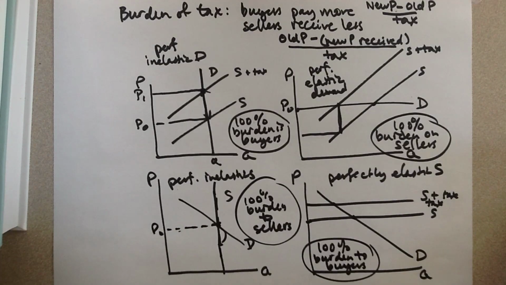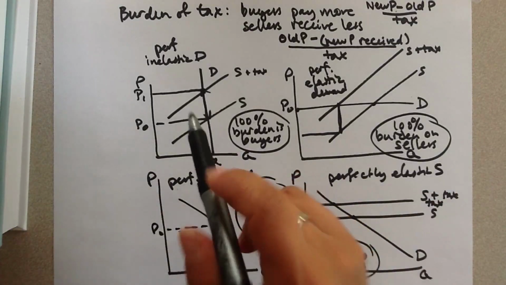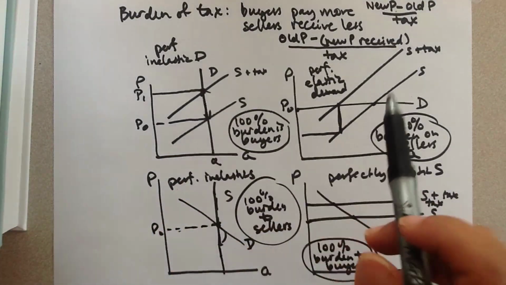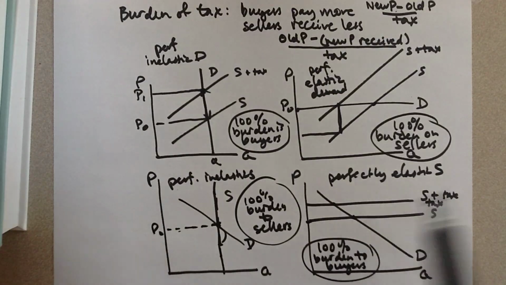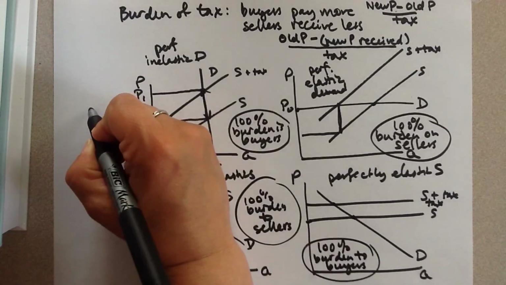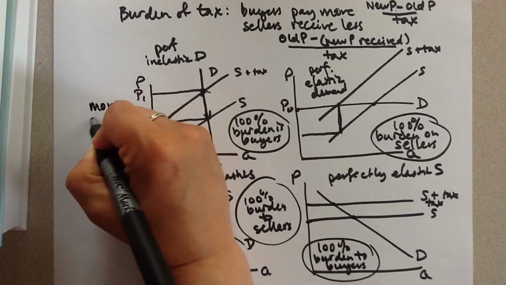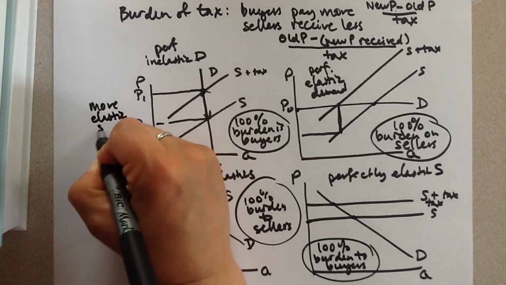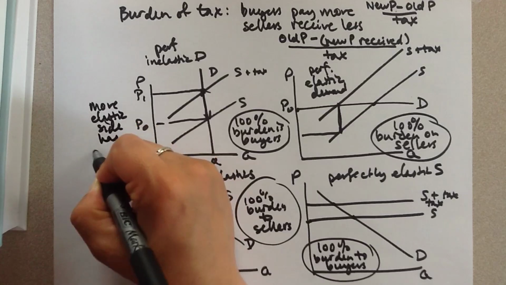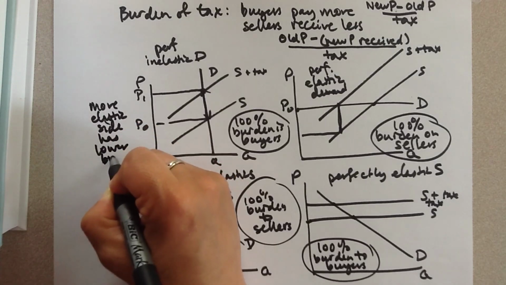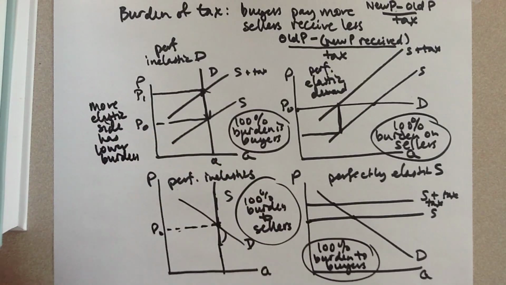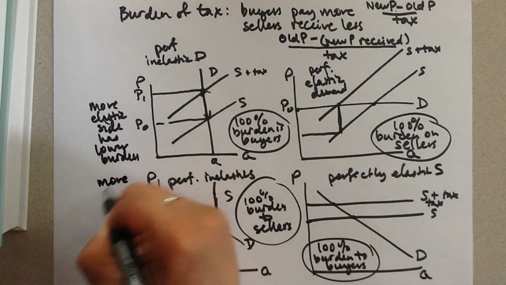What you can see from this pattern, we might rarely have these extreme, perfectly inelastic situations, but the pattern is the same. Whichever side is more elastic has a lower burden, and the more inelastic side has a higher burden.